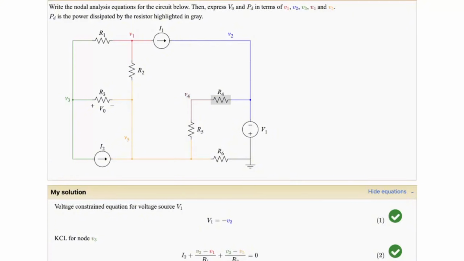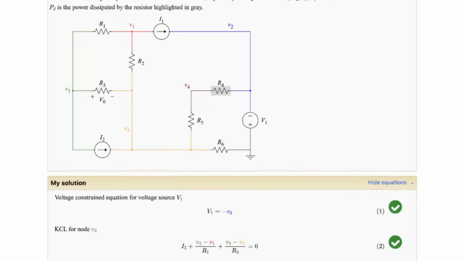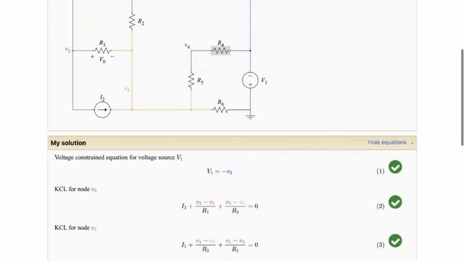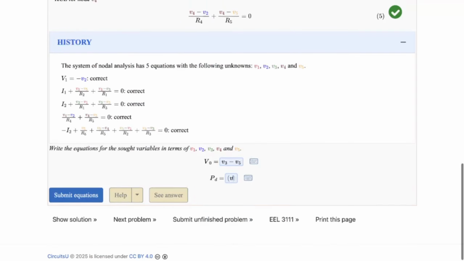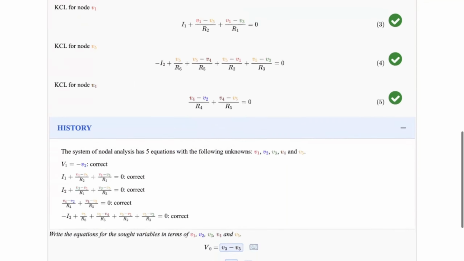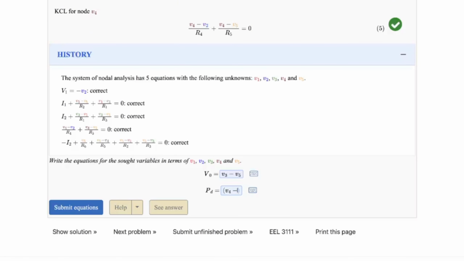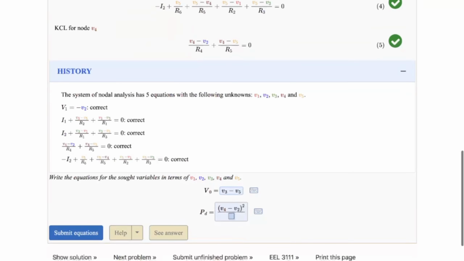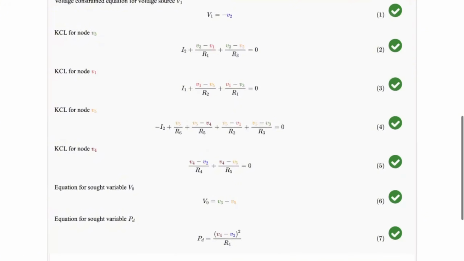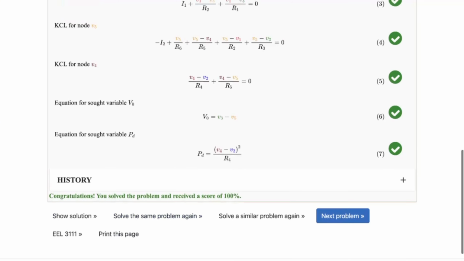And since it's squared, it doesn't matter what order we do them, so let's do V4 minus V2 squared over R4. And let's go ahead and submit that. Perfect, all done. Thanks for watching. I hope this helps.